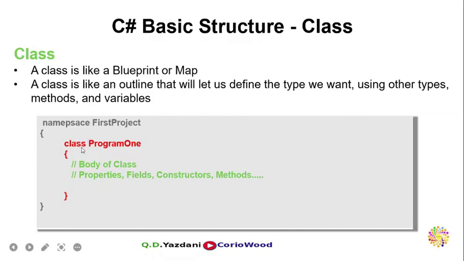Here we have seen the namespace, namespace first project. Now the next thing that comes in our program is a class. You can see here we have nicely put our namespace first project, with curly braces open and curly braces close. That's the body of our namespace, and inside this body the class comes in, because once you put the namespace, C# is going to be looking for the class.